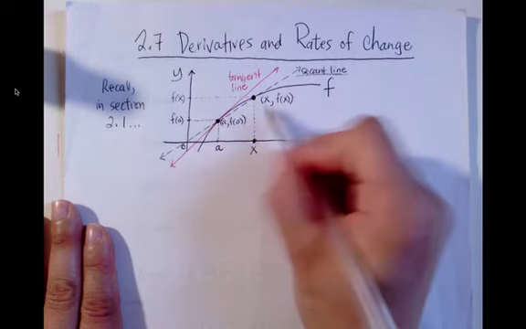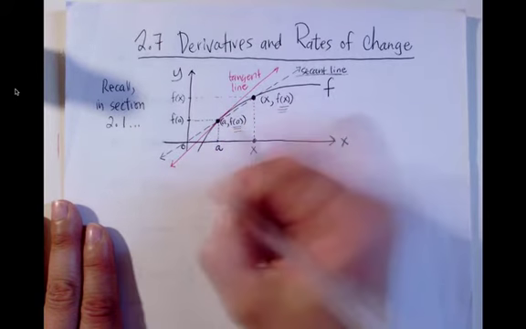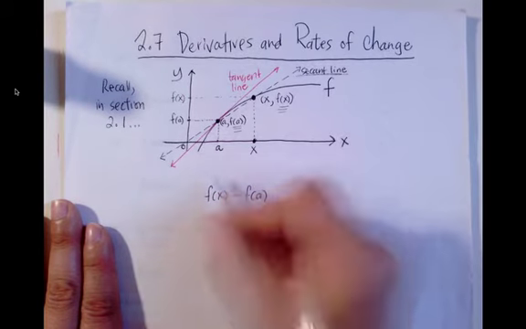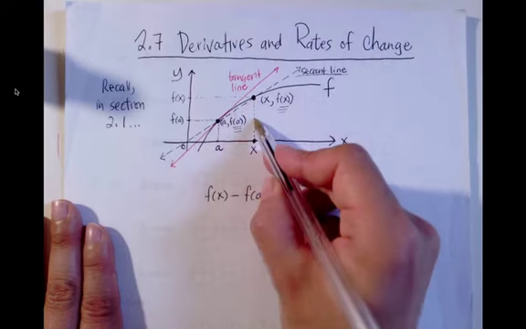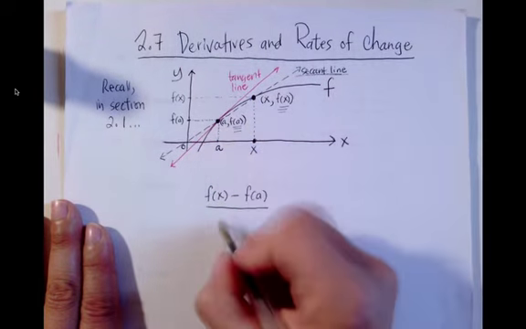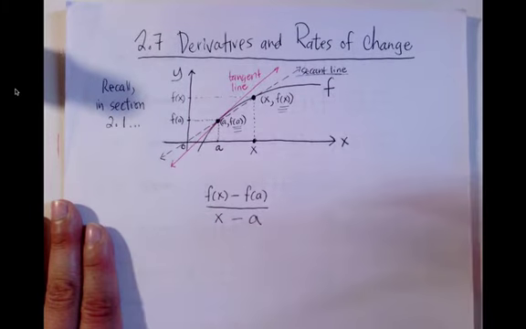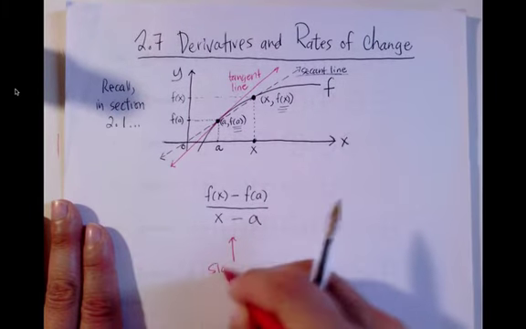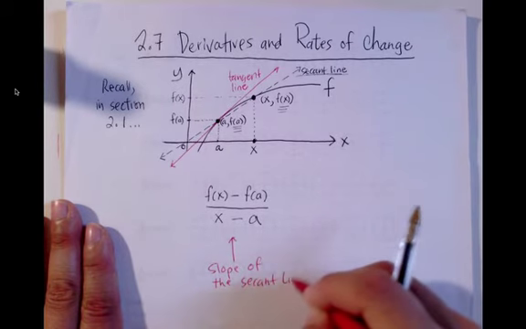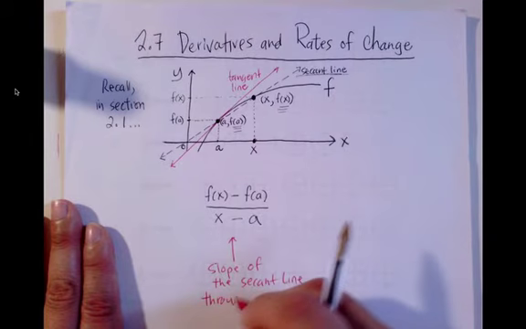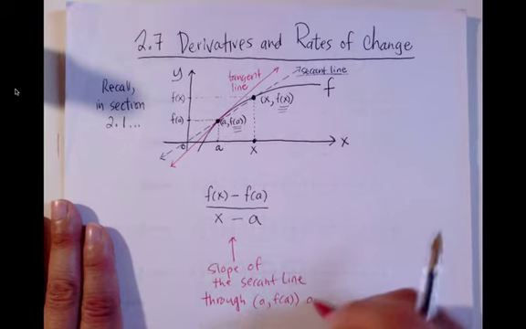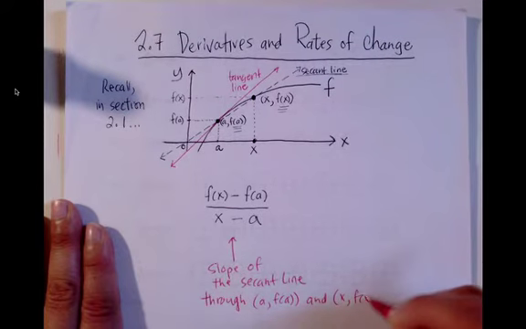So the difference in the y coordinates gives me the rise of the secant line between these two points, and I divide that by the run. This is the slope of the secant line through the two points a, f of a, and x, f of x.